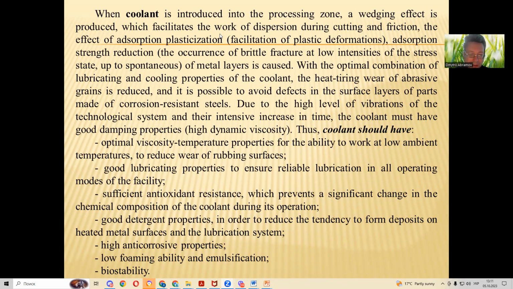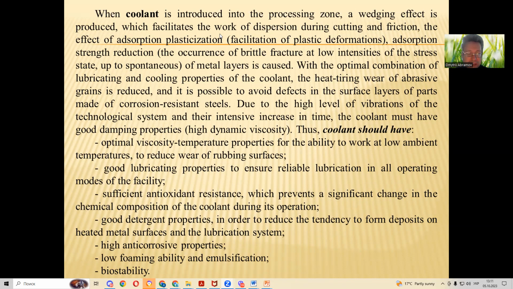Sufficient antioxidant resistance, which prevents a significant change in the chemical composition of the coolant during its operation.